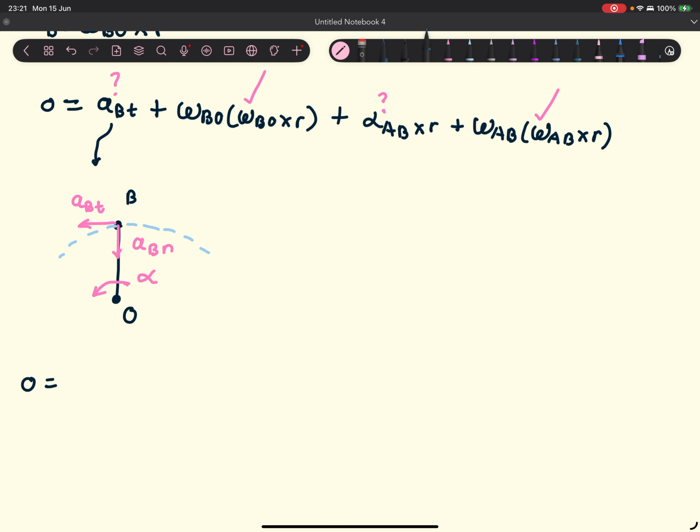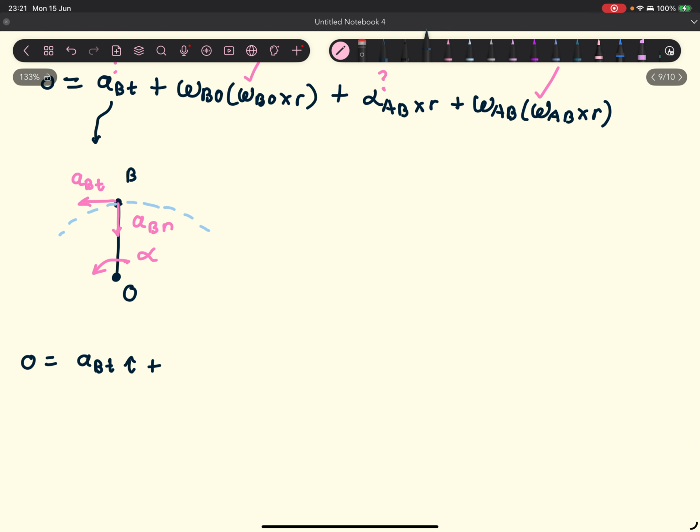So cool. We're going to have 0 is equal to a B tangential in the i direction plus whatever this gives me, and you can see that it's in the j direction. So let me just write it as is.